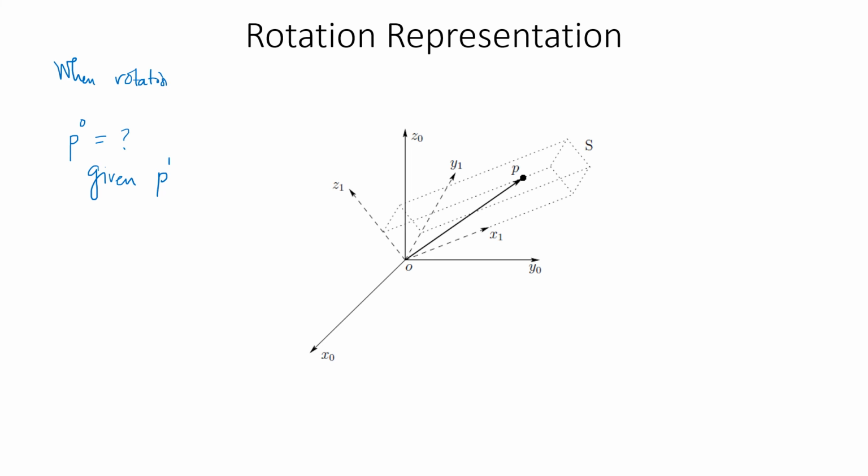So when the rotation-only scenario is there, P naught, or location of point P in the 0th frame, is going to be equal to rotation of frame number 1 with respect to 0th frame multiplied with location of point P in the body attached frame, which is frame number 1.